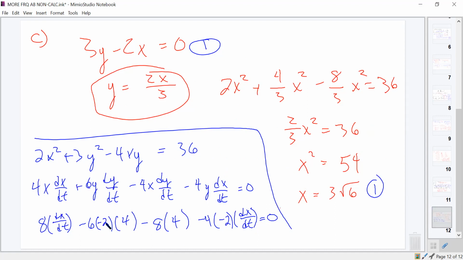So this is a 12 times a 4 is a 48 minus a 32 is 16. So we'll bring that to the other side as a negative 16. And then this is an 8 dx/dt plus another 8 dx/dt, so we have 16 dx/dt. Hopefully I did all my arithmetic right. It doesn't look like it.